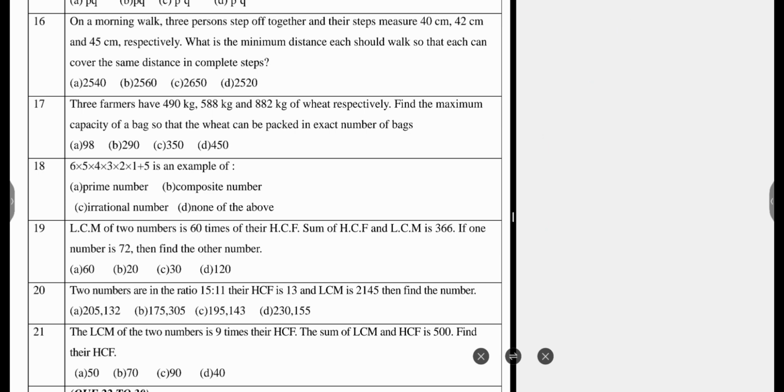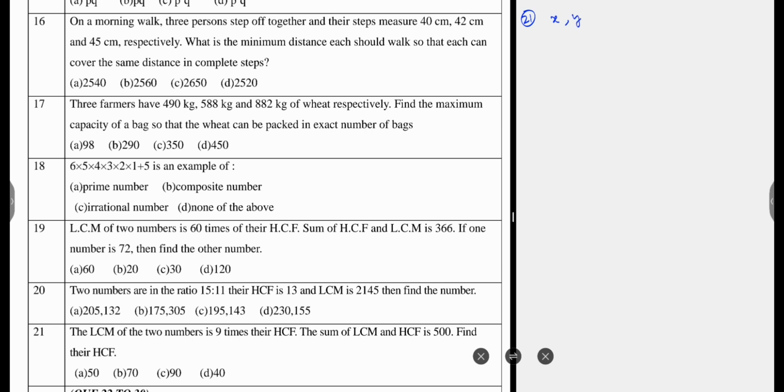This is one more, question number 21. The LCM of two numbers is given as 9 times the HCF. Like before, one problem we have done already like this. So let us take LCM and HCF to be x and y.